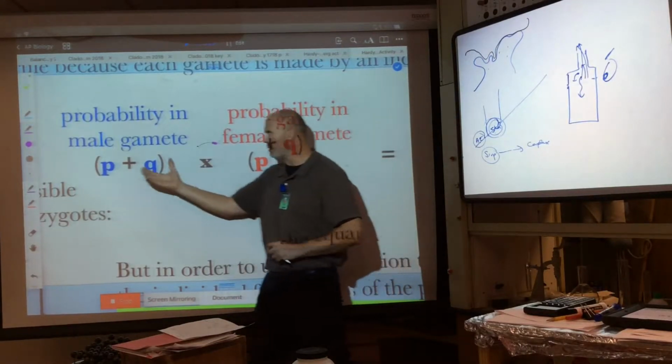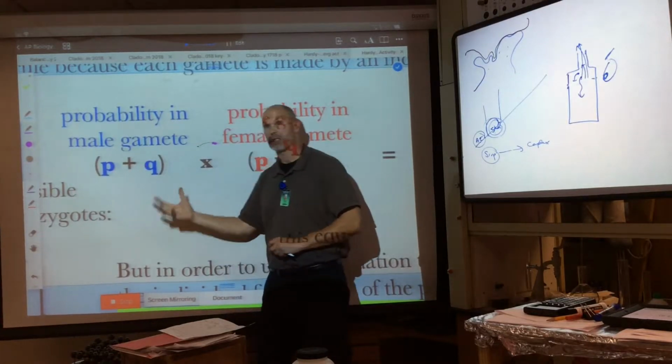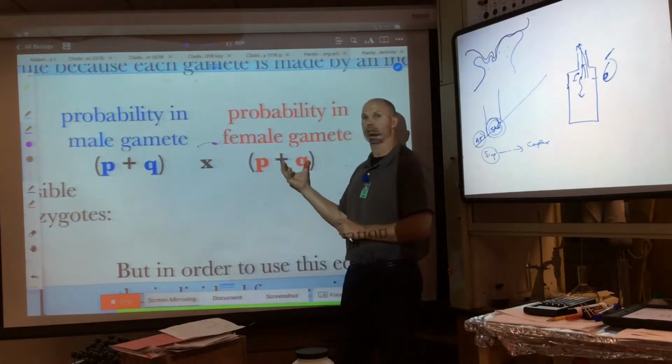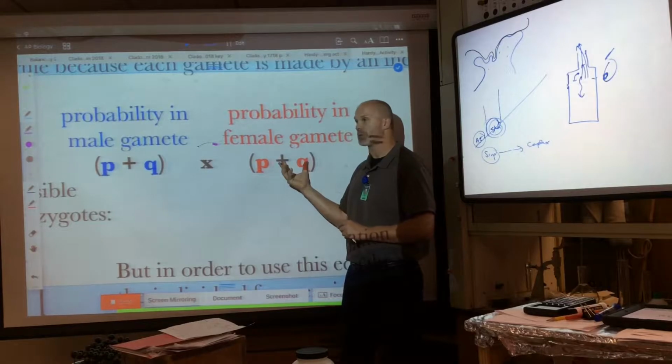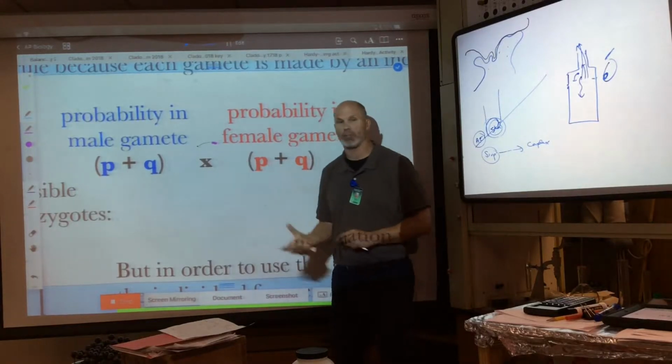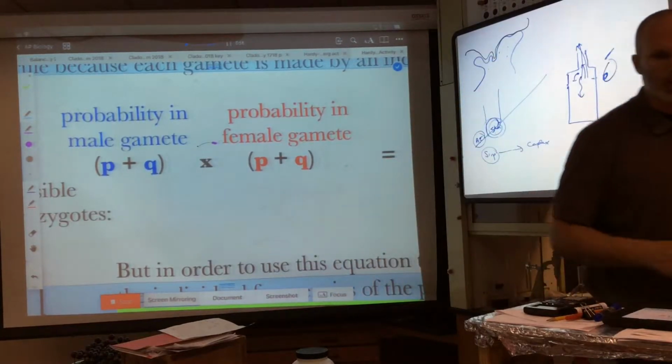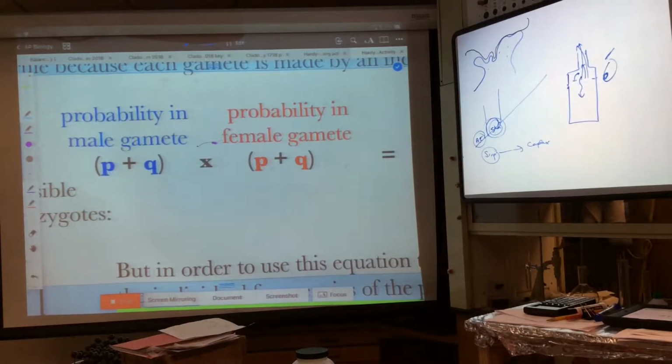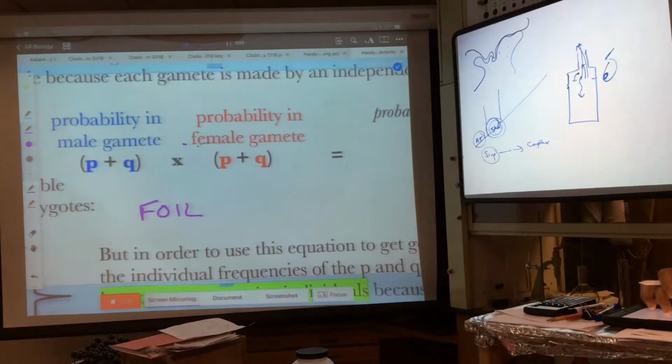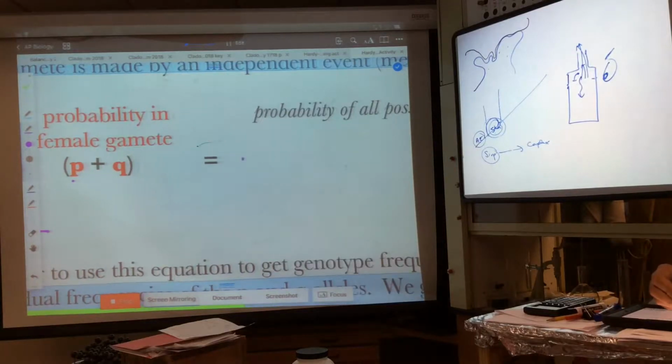The meiosis that occurred for this male in spermatogenesis is different from oogenesis, the egg that was made. And so we multiply these. I know some people do it differently. I used FOIL when I was growing up. I don't know what the New York State math is now. But I'm going to do first: binomial, p times p, so that gives me p squared.